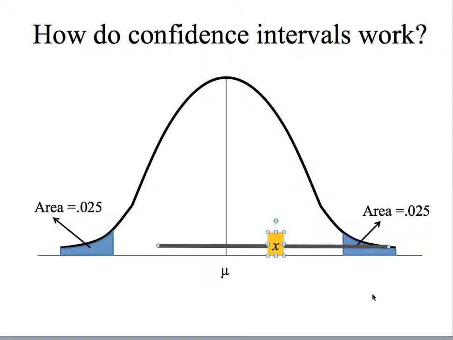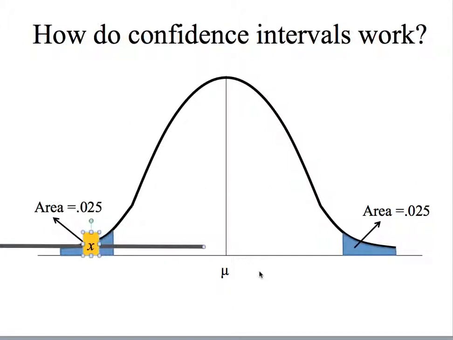Now suppose we get another sample and calculate the mean. This sample mean is below the population mean, but the population mean falls within that confidence interval. It is in that confidence interval that you're going to learn how to calculate. Now, I want you to see this.